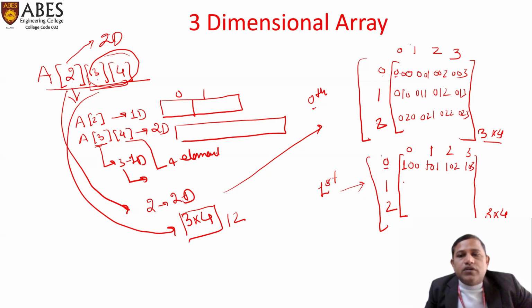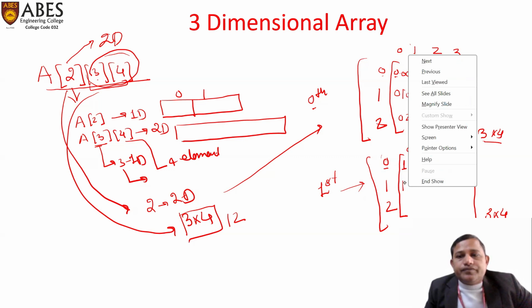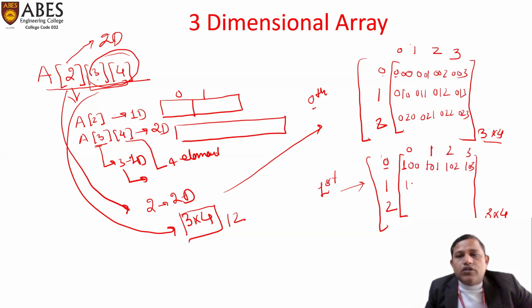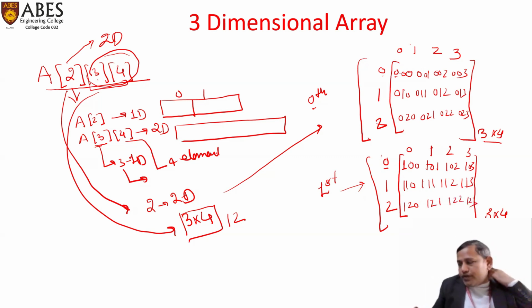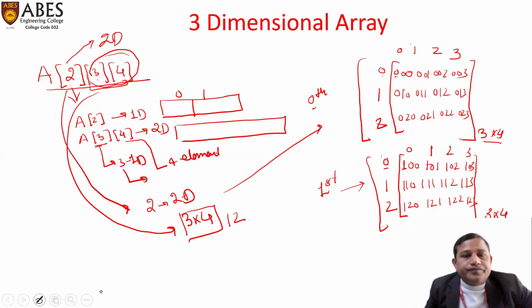Then 1 1 0, 1 1 1, 1 1 2, and 1 1 3. Then 1 2 0, 1 2 1, 1 2 2, and 1 2 3. This is the index memory representation of A[2][3][4].